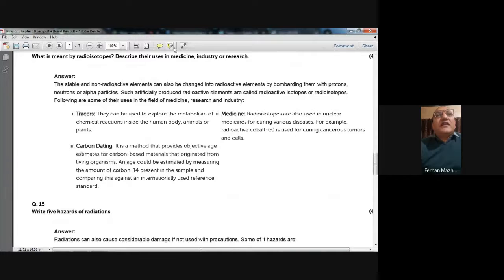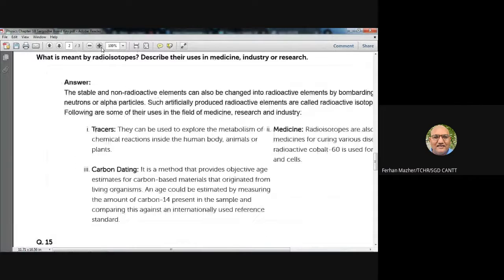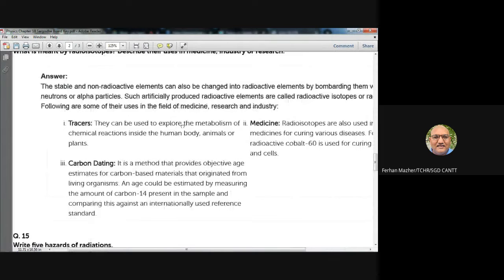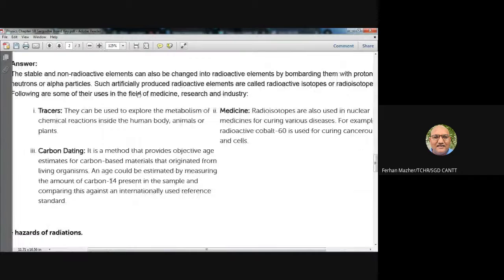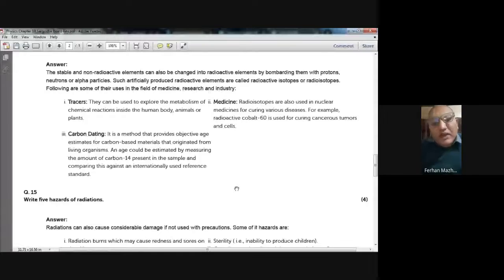You see, here I also have the answer. Beta, can you see this? This answer is coming from the knowledge platform marking key.